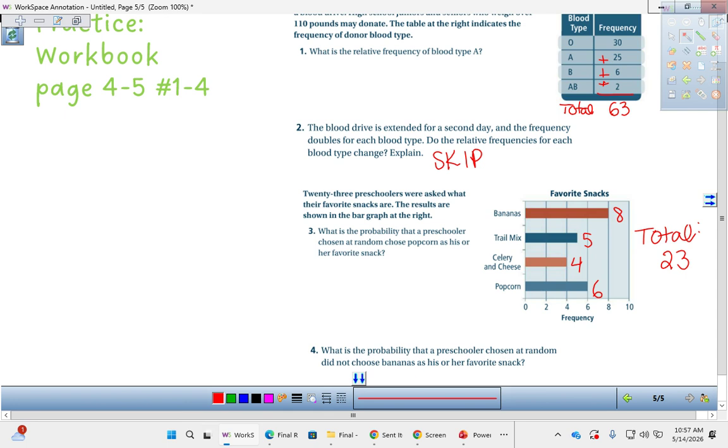Looks like some of you still haven't finished that second page, 3 and 4, so I'm going to give you a minute or two more.